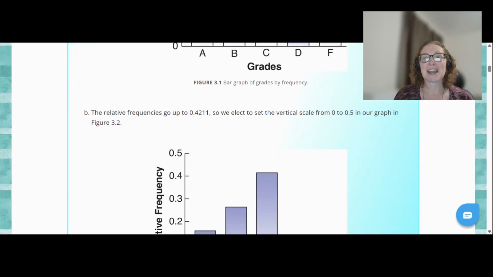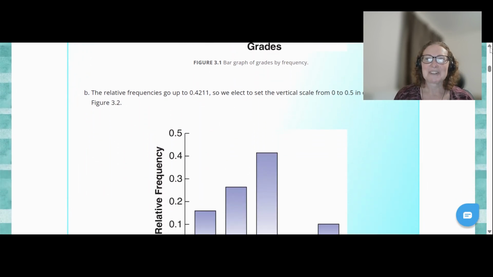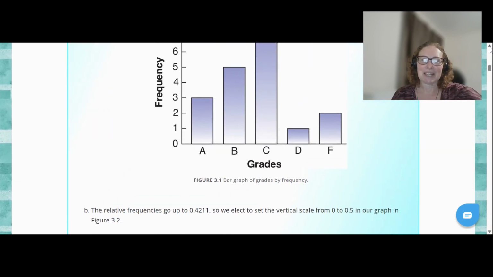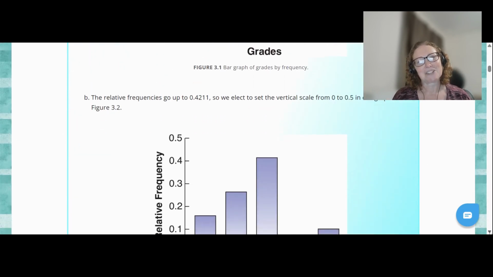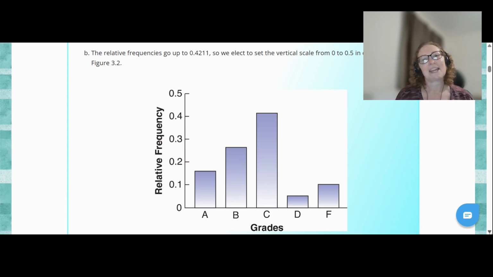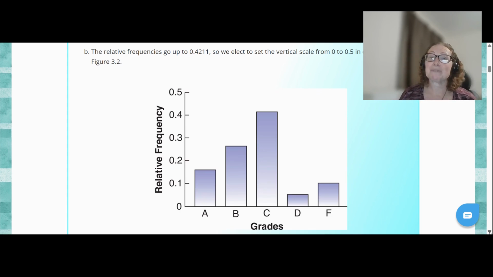Then we have the relative frequencies. First we just had how many of each, right? And then we look at the relative frequencies, and it went up to 0.4211. So we decided in this example to go to 0.5.